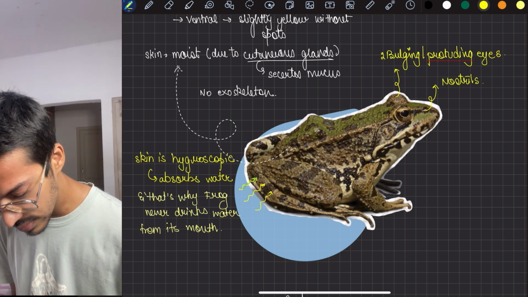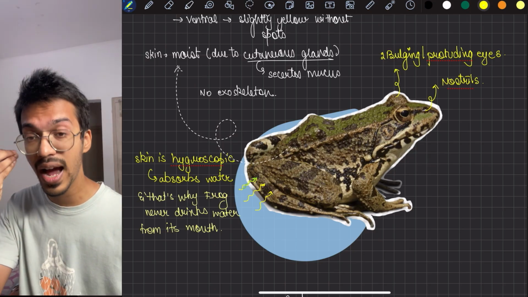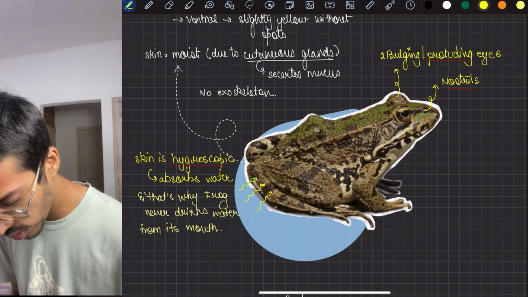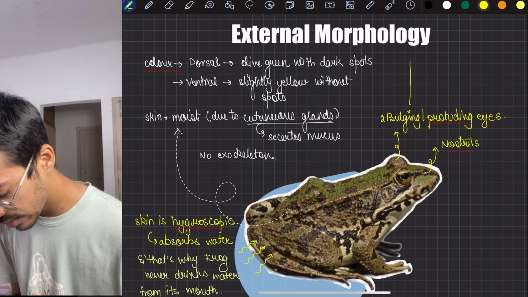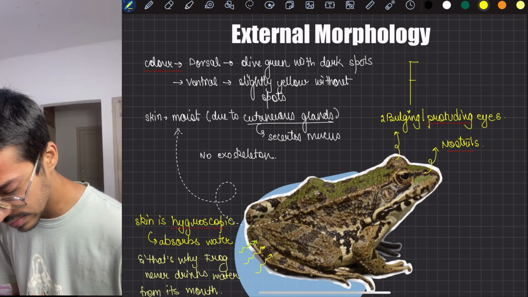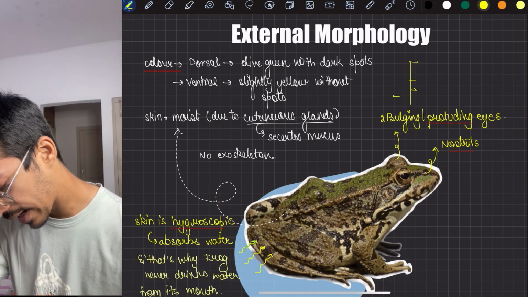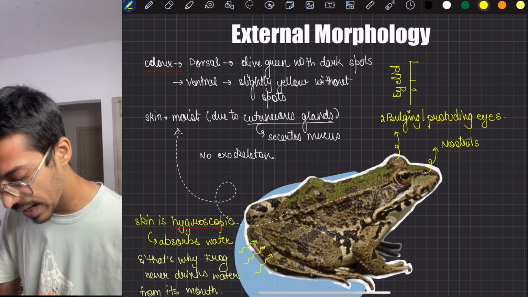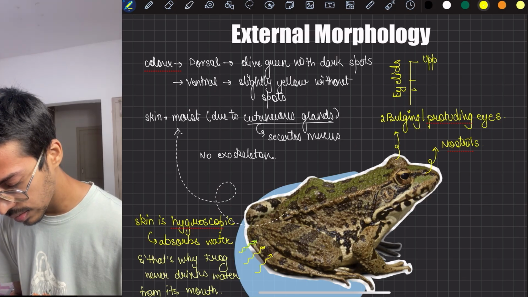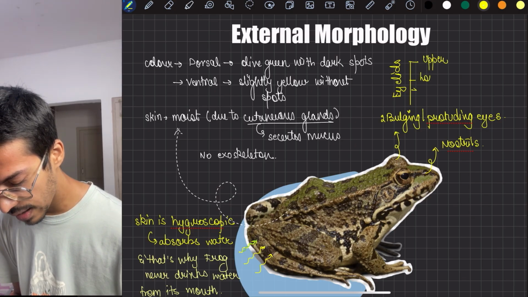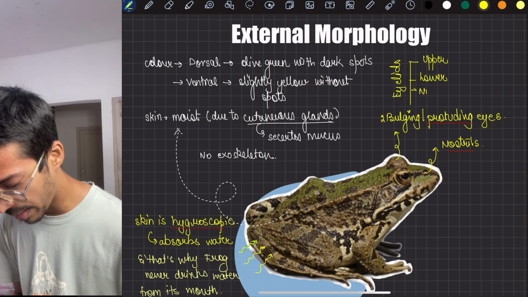The eye has eyelids present. There are a total of 3 eyelids. Number 1 is the upper eyelid, then the lower eyelid, and the last one is the nictitating membrane, which is the 3rd eyelid.